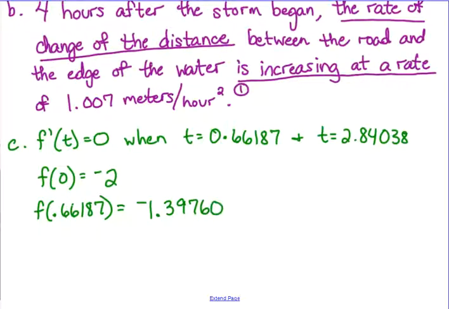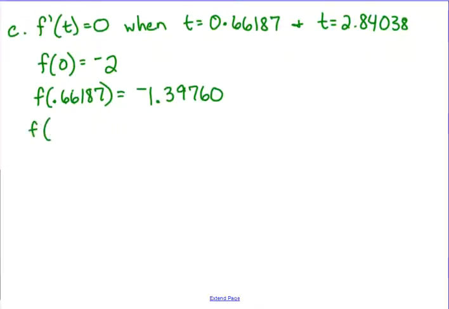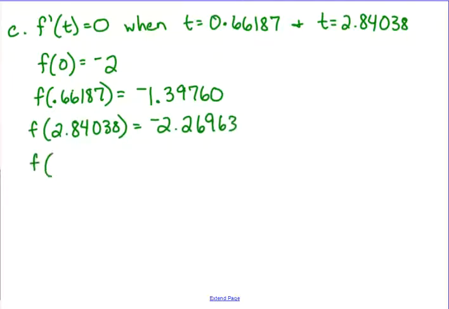You probably don't need that in many decimals, but it can't hurt. And f of 2.84038, we get -2.26963. And our last endpoint, f of 5, we get -0.48027. So the most negative, since it says decreasing most rapidly, we need the most negative number.